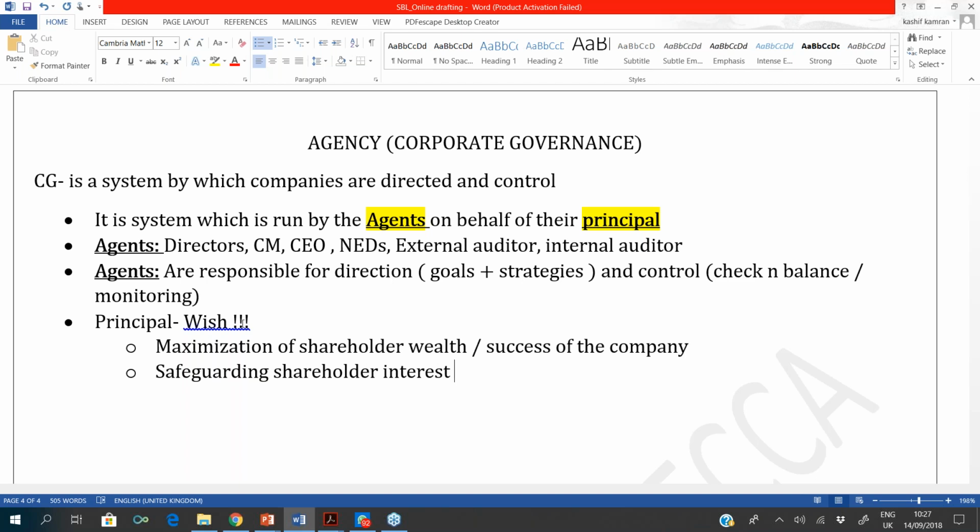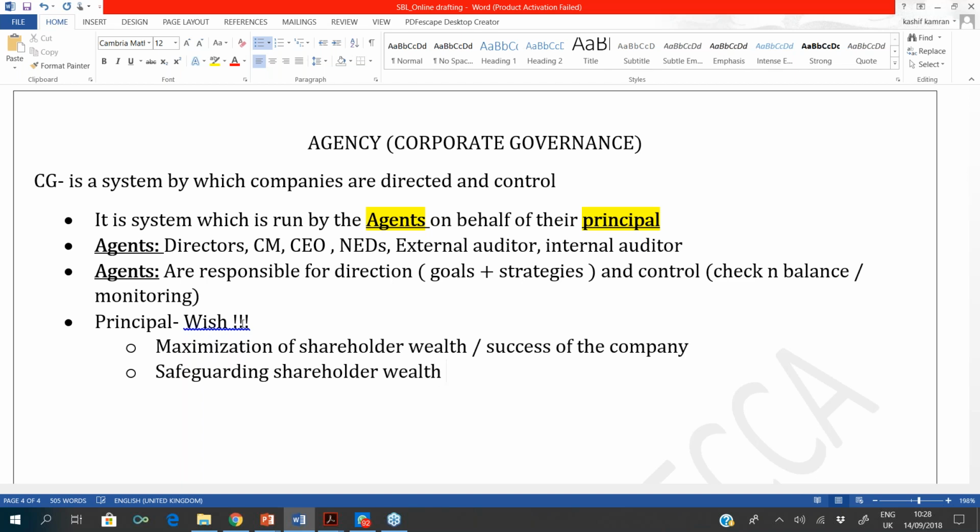If you are a principal of a company, if you are an owner of a company, is that what you expect from your agents? That your agents maximize your wealth, bring success to your company, and safeguard the shareholder wealth.